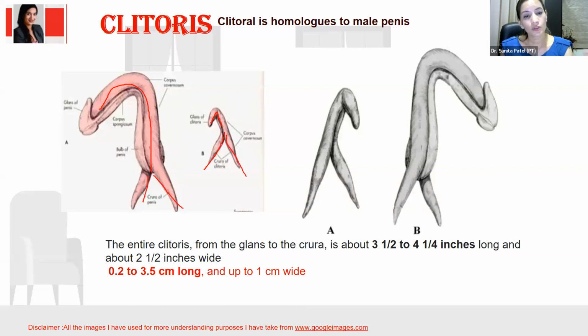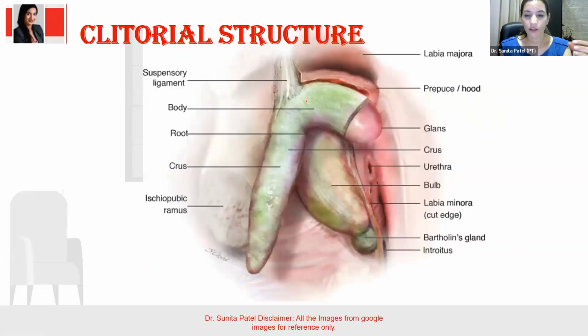They form the structures all together: the glans, which is visible, hidden in the clitoral hood, and then they go towards the pubic symphysis and turn downwards. They form a root, and from the root the bulb of the vestibule comes. That's a big gland. Again, this forms the whole clitoral structure.